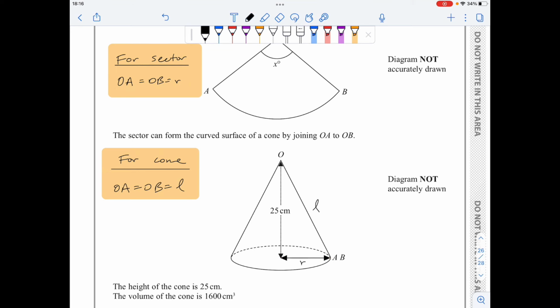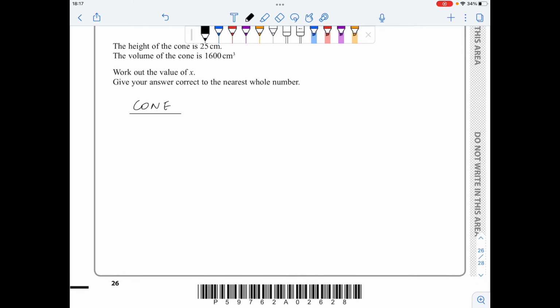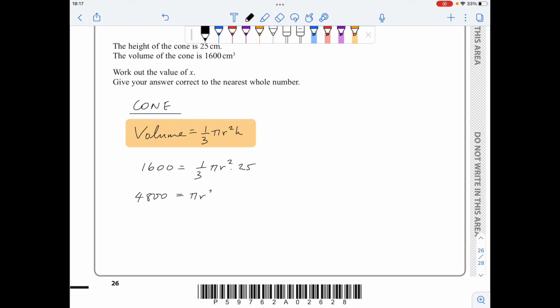So let's begin with the cone and the volume of the cone. The formula for the volume is the following. So 1,600 is equal to 1 over 3 pi r squared times 25. Let's multiply by 3. 4,800 is pi r squared times 25.